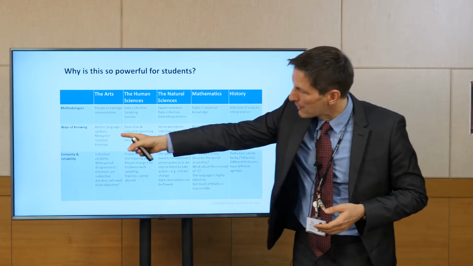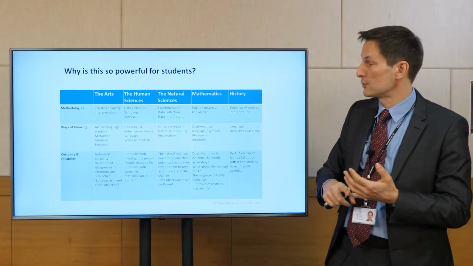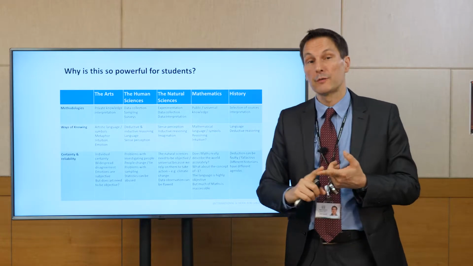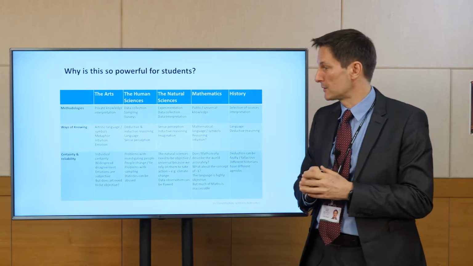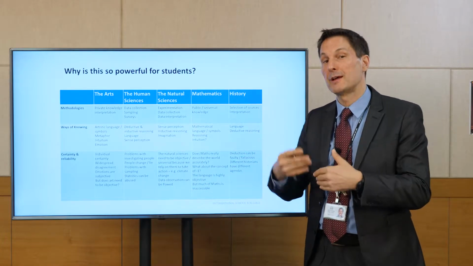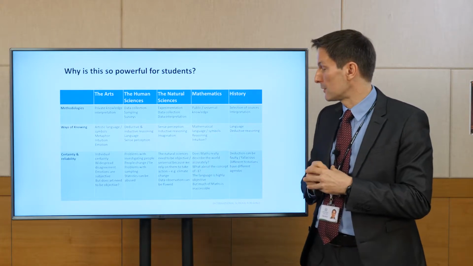And then the other area for comparison is the ways of knowing. So we look at things like sense perception, we look at reasoning, we look at emotion, we look at the role of the imagination across these different areas of knowledge. And then we come up with some general ideas about the levels of certainty and reliability across these different areas of knowledge.